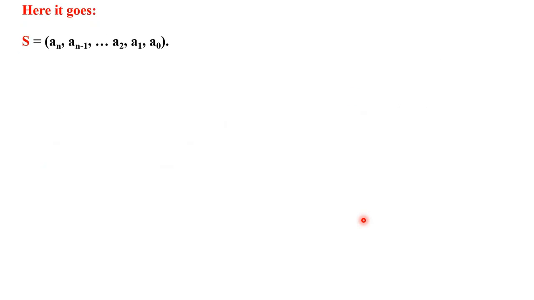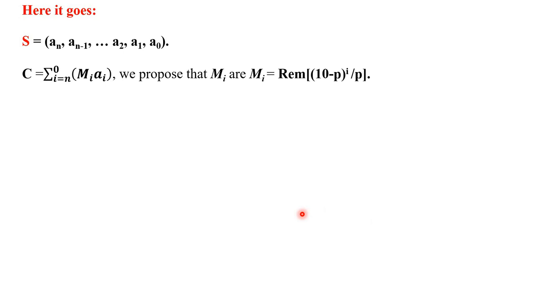Well, here it goes. So strategy 1, and we propose that C that you want to extract from S, in terms of the digits a_i, is nothing but the sum of m_i a_i. That means the digits themselves are multiplied by the corresponding multiplier m_i, and then summed.